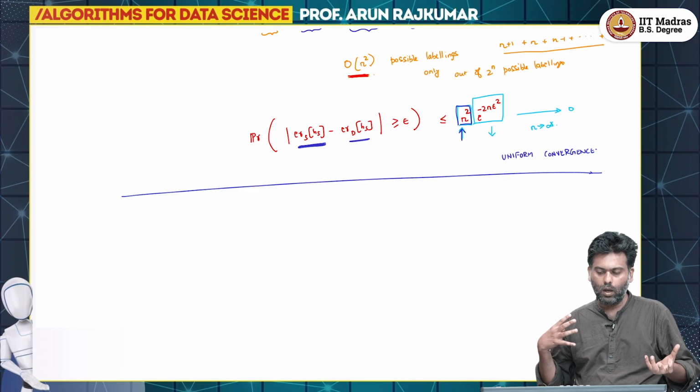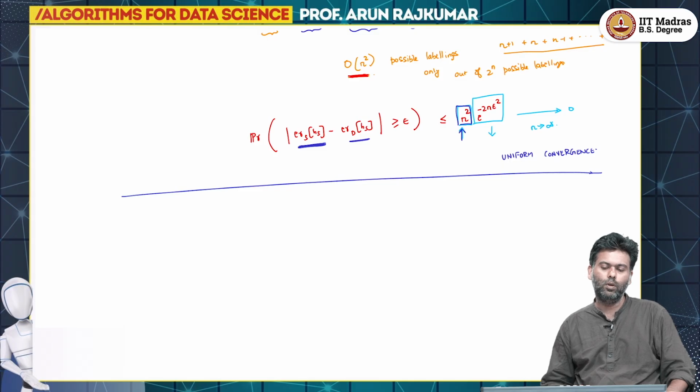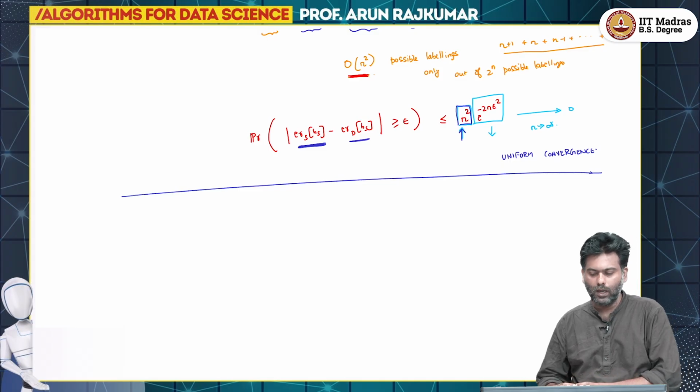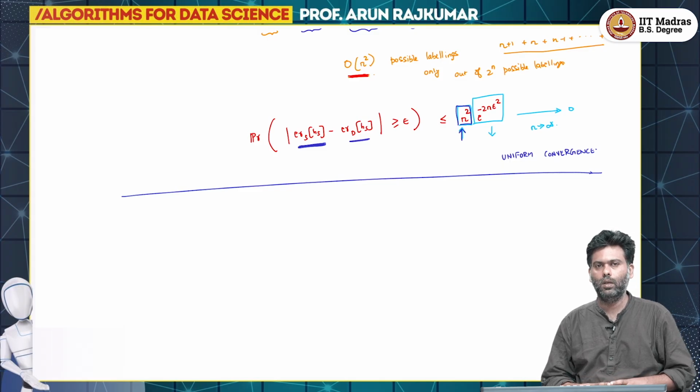So this is one way to argue that you have n squared labelings. Is there a way we can somehow associate how complicated a hypothesis class is?